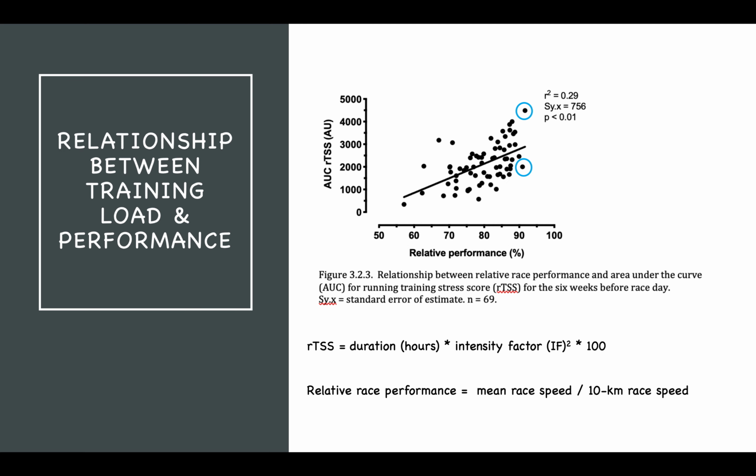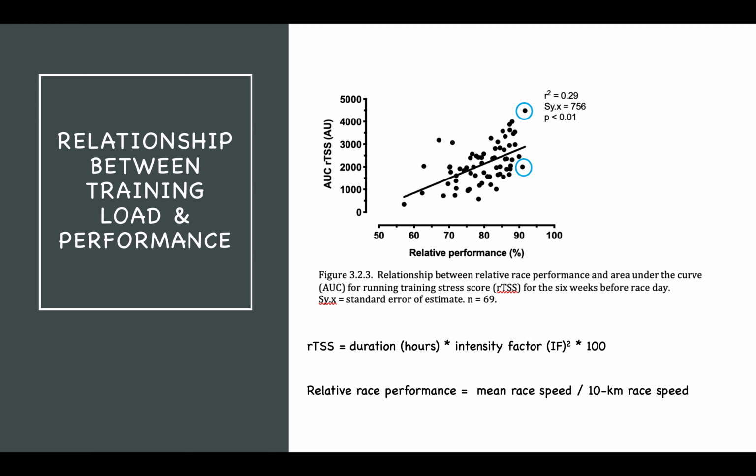We then looked at the relationships between relative race performance and the area under the curve for training load for the 6 weeks. Relative race performance for each runner was calculated by taking their mean race speed divided by their best 10K race speed. What we found when we plotted the data points was that there was a significant relationship.